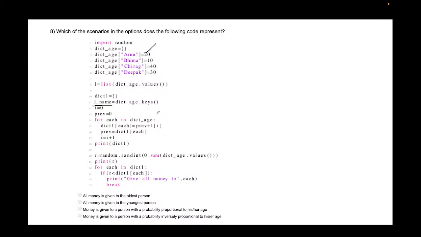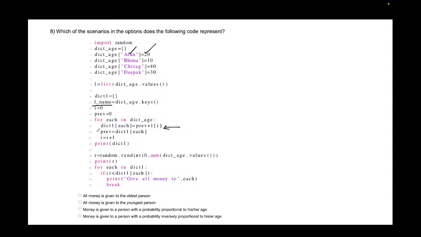So in the first iteration, each will be Arun. So dict1 of Arun is equal to 0 plus 20. So that is what this line is doing. Arun's age is equal to 0 plus 20. That's what line 15 is doing.